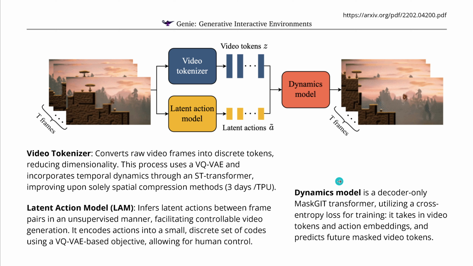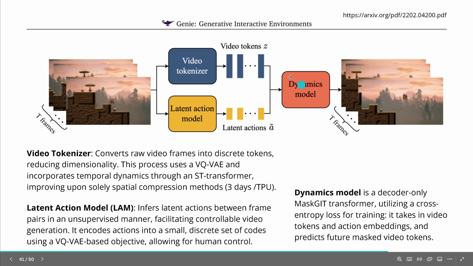The dynamics model is simple. This is our decoder-only masked generative image transformer system that we know and love. And it simply utilizes a cross-entropy loss for training, like all our other systems, like we know from language training.